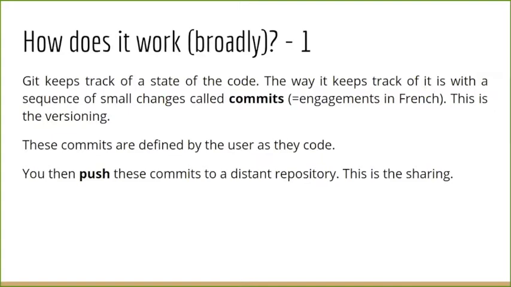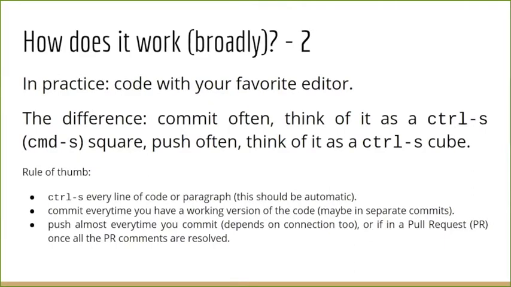And in practice, what's going to happen, and I'm sure you've all experienced it, is that you code with your favorite editor. And the difference is that every time you are happy with the state of your code, you need to commit it. A rule of thumb is that you should save your code every time you have a line of code or a paragraph. This should be kind of a reflex for everyone, I guess. And you should do it every time you have a working version of your code.